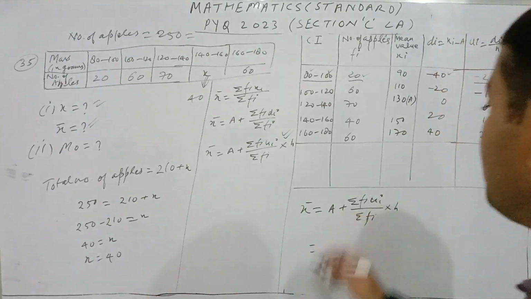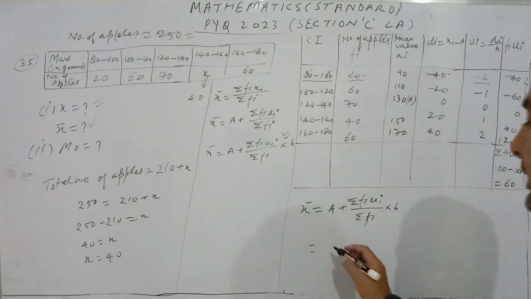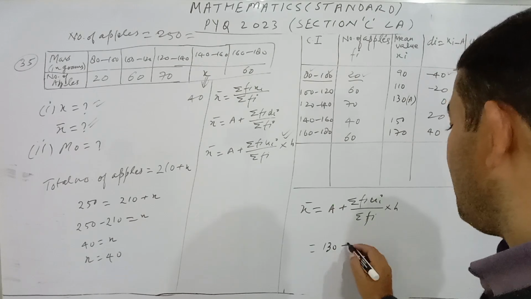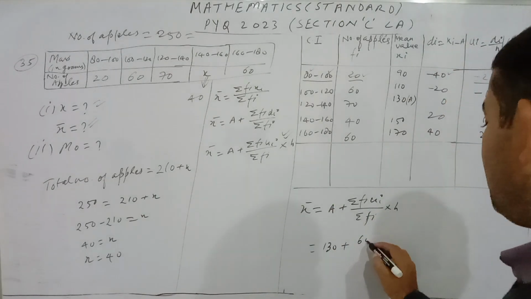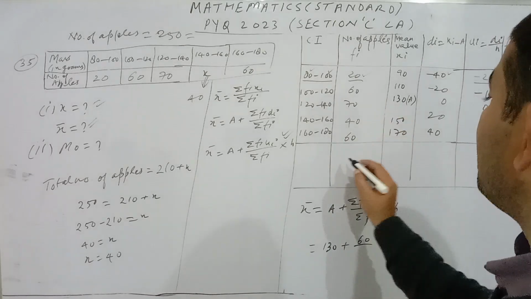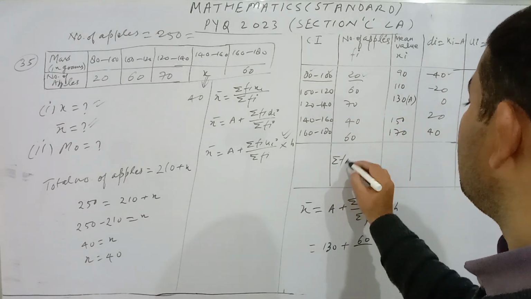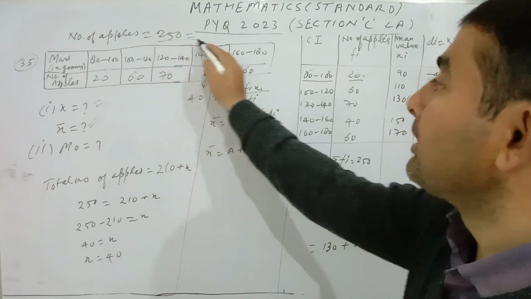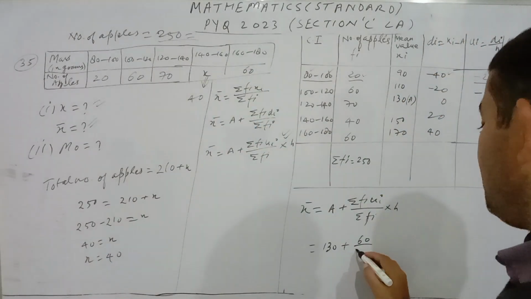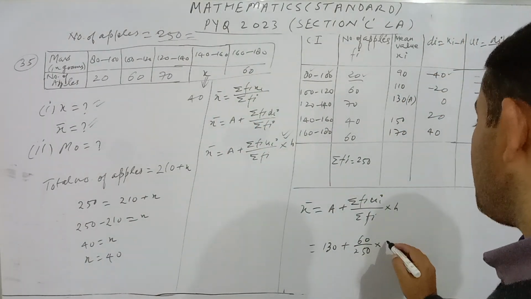So what is the value of a? a is 130 plus sigma fi ui is 60, sigma fi will be 250 because the total number of apples is 250, into h is 20.